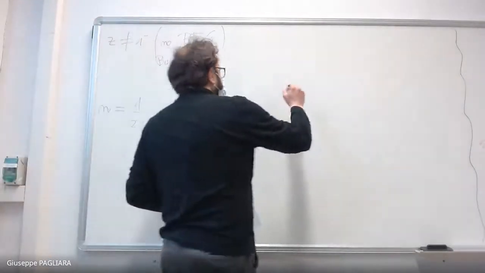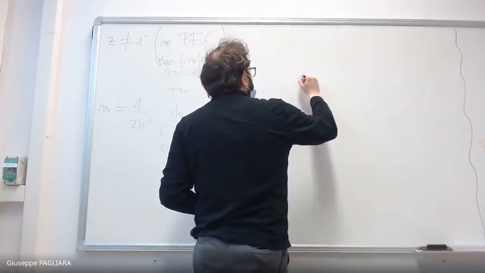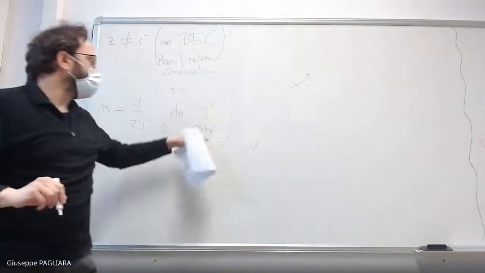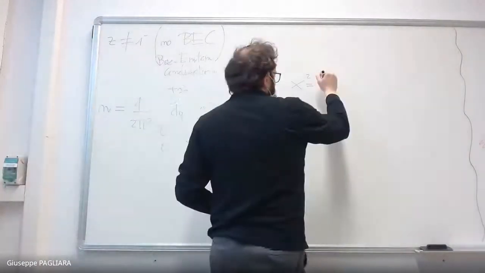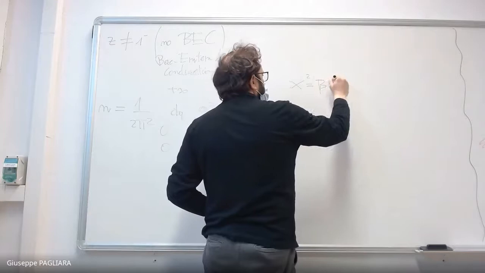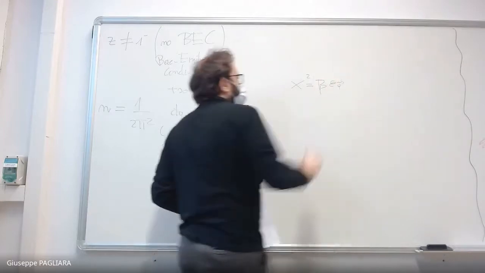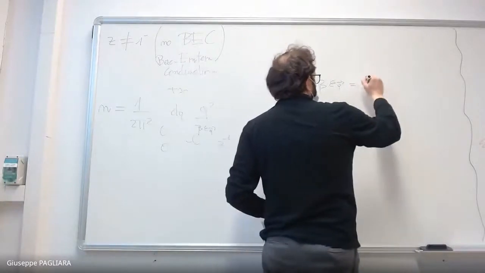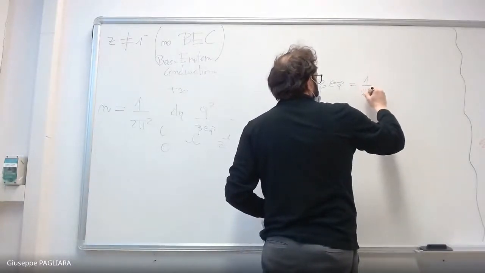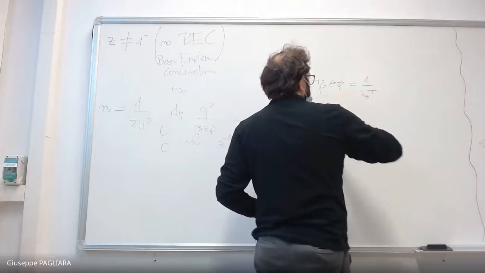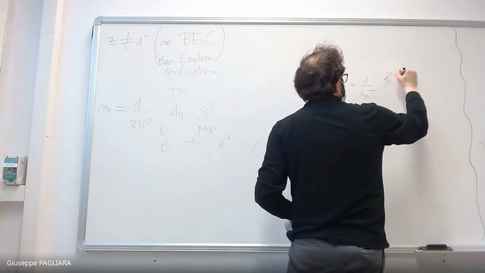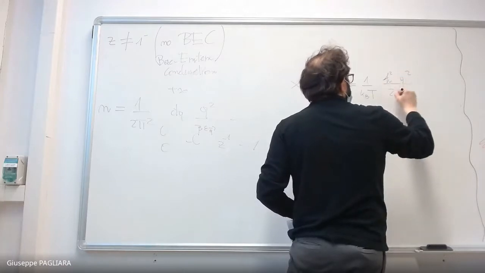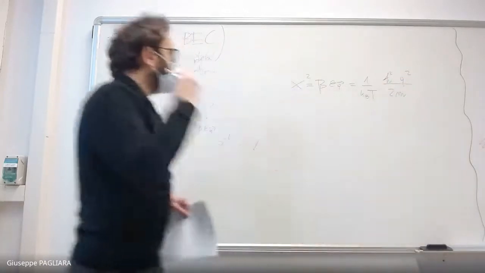So the thing is to write the variable x squared as beta epsilon q, from here, which is 1 divided by kBT, and epsilon q is h bar squared, k squared, well, q squared in this case, squared divided by 2m.